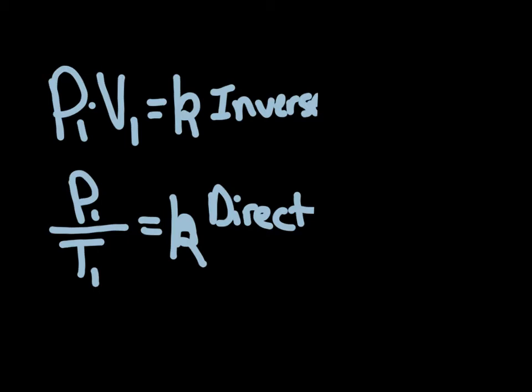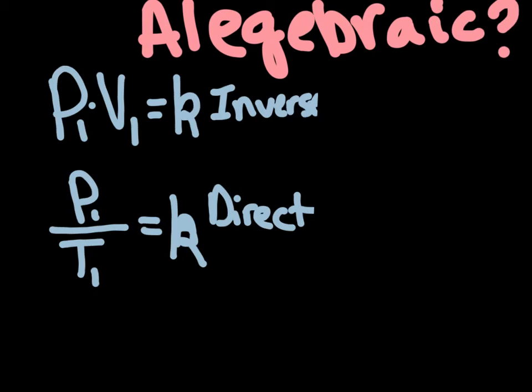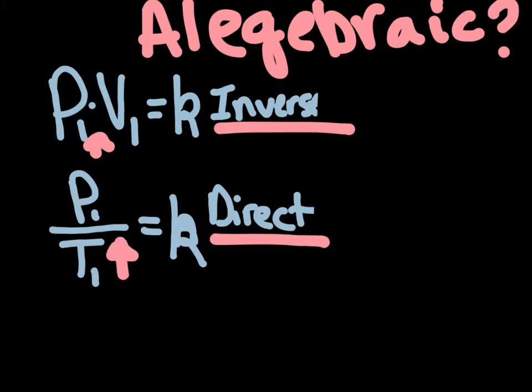Many of you asked, how do we take inverse relationships or a direct relationship and turn them into an algebraic expression? Algebraic obviously just means multiply or divide and use variables. The way we do that is an inverse relationship always implies multiplication, and a direct relationship always implies division.